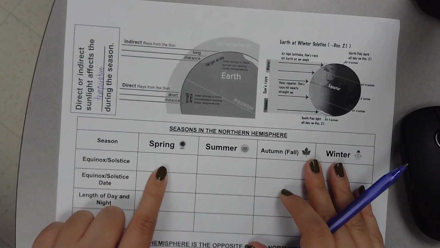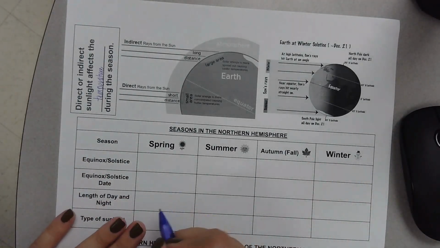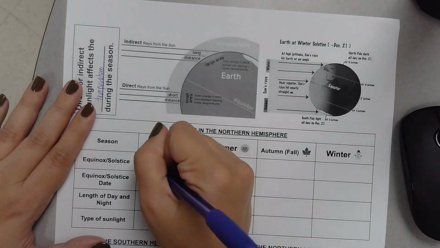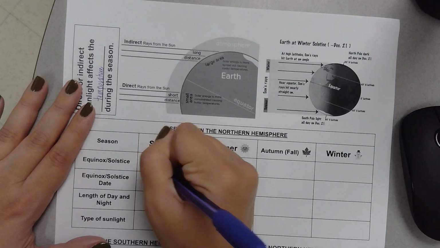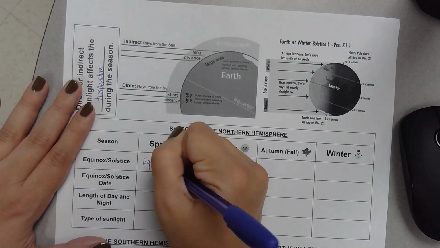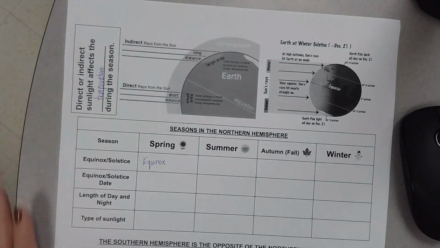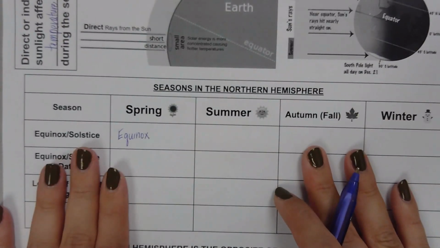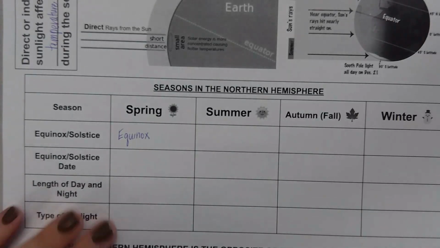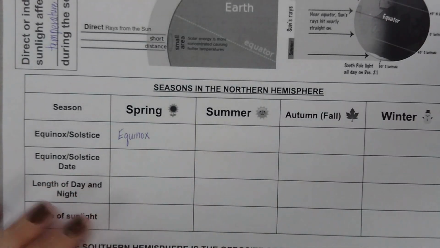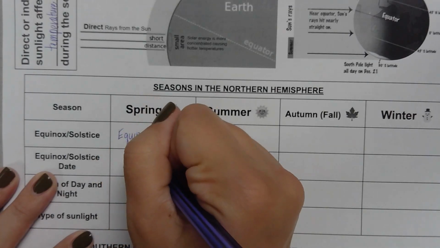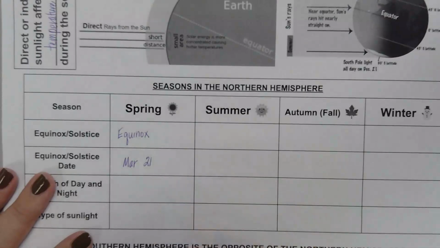In spring, we have what is called an equinox. That means that the length of the day and the night are equal. So the spring equinox takes place on March 21st, roundabout.